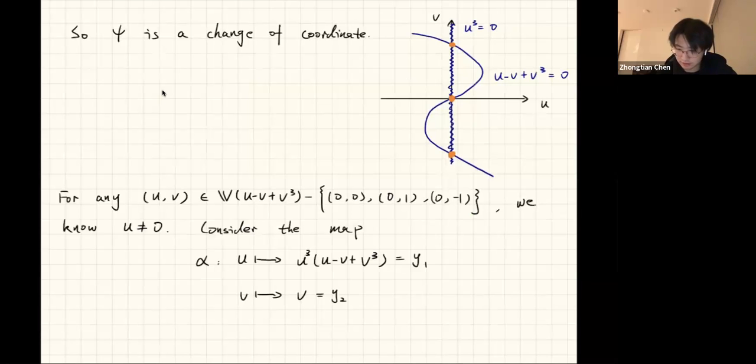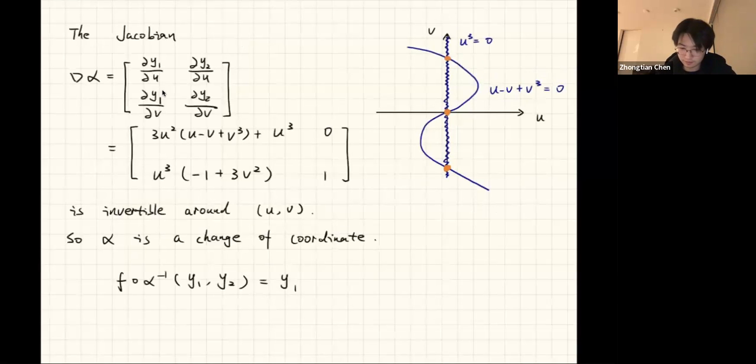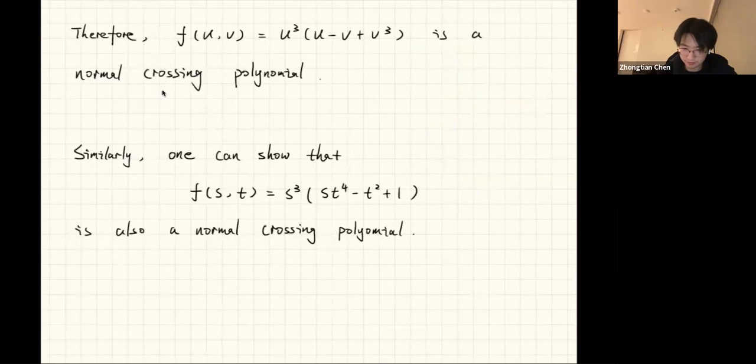I'll skip this. We can do the same thing for each of these points, and you can check that you can always find a coordinate so that f is a monomial in that coordinate. The full calculation will be in the notes.